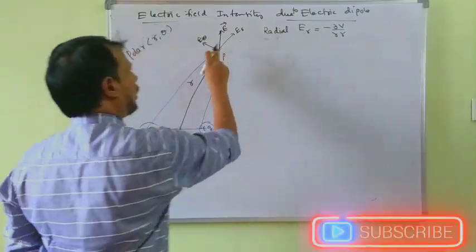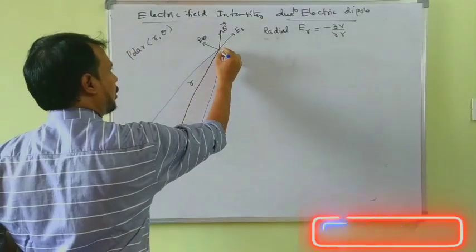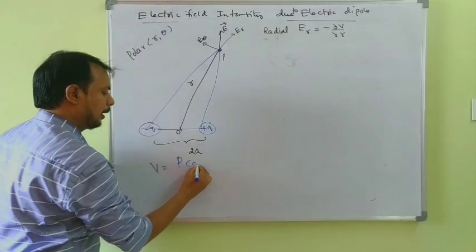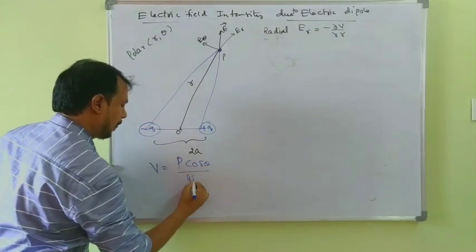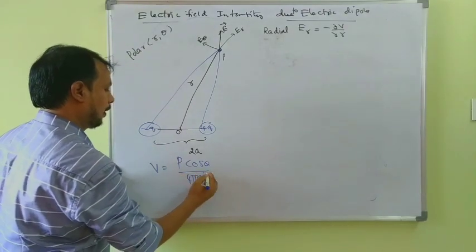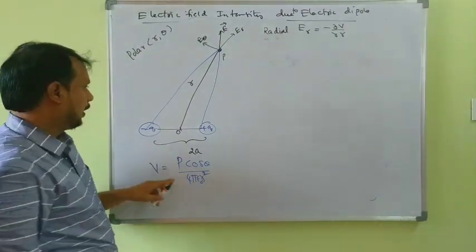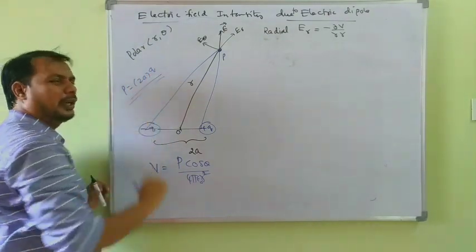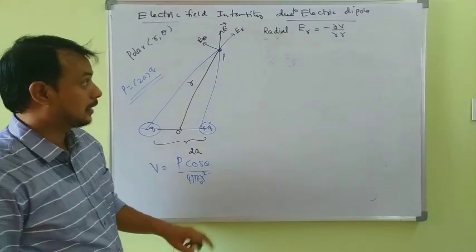So what is the potential at point P? V equals P cos theta by 4 pi epsilon naught R square. What is P? The electric dipole moment vector. Just now we wrote P equals 2aq.